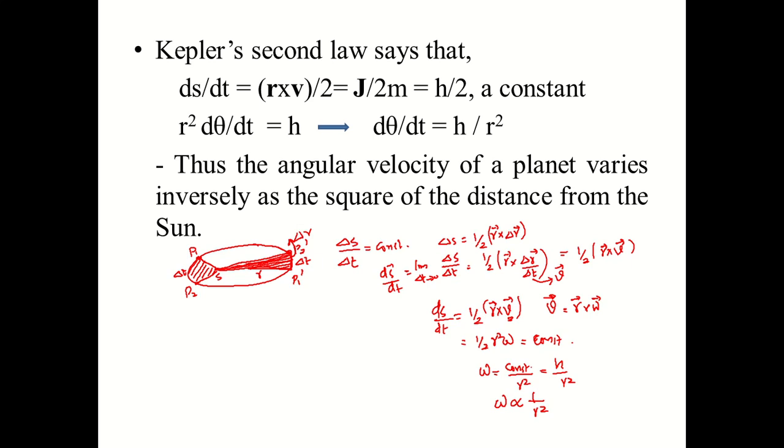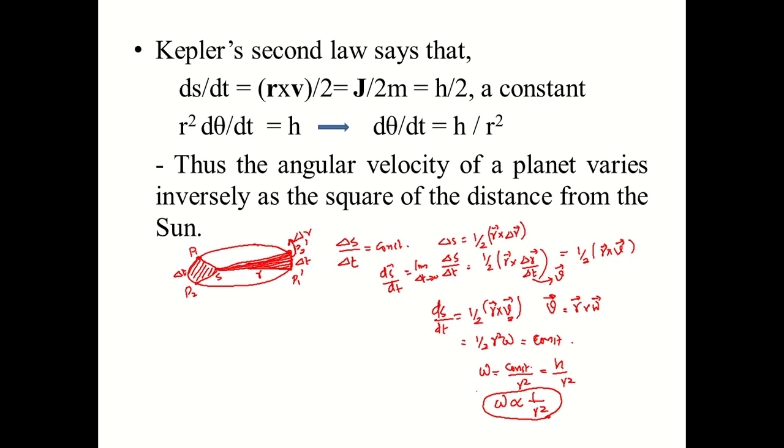That means the angular velocity of the revolution of a planet around the sun is inversely proportional to the square of the distance of the planet. So this actually gives the speed of the planet around the sun.